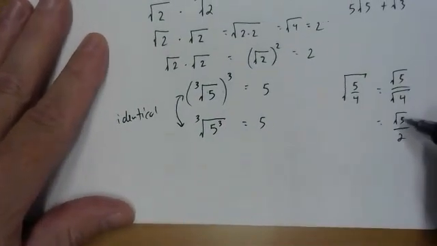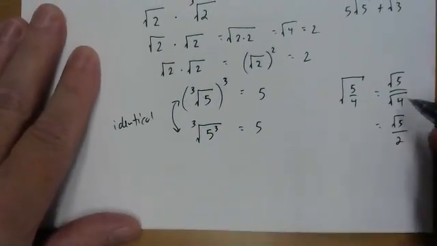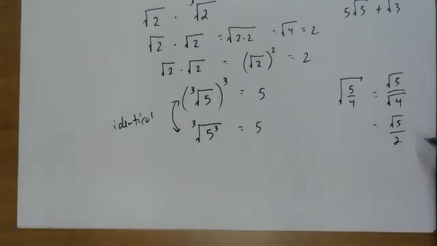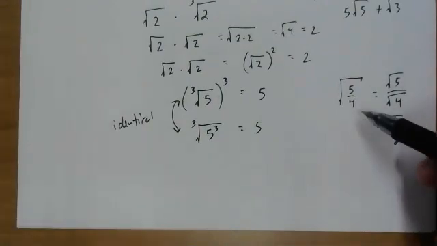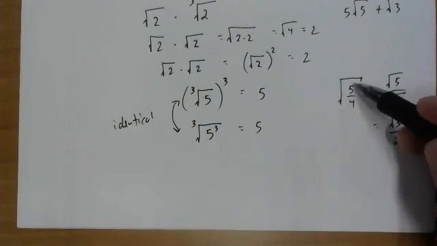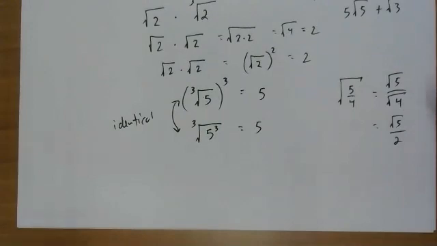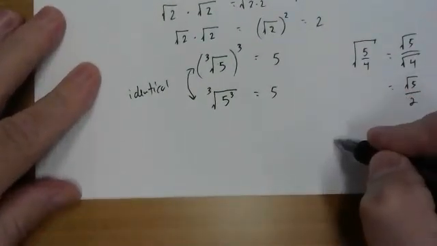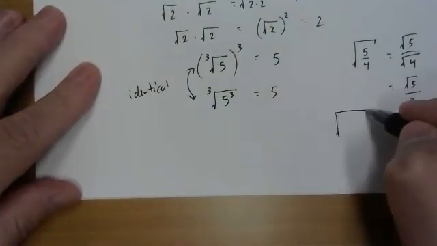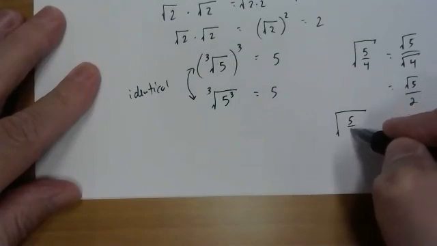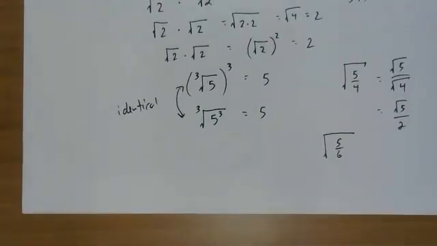Now this is an acceptable answer in the world of math. Because the main thing in the world of math, they don't like fractions under radicals, and they don't like radicals in the denominator. So just for fun, what if we had this?